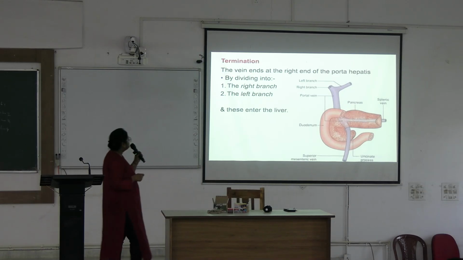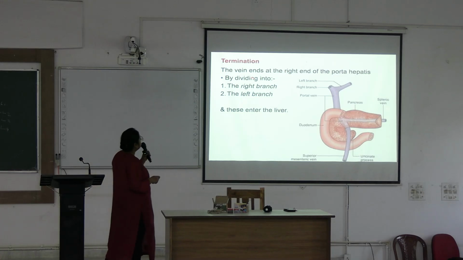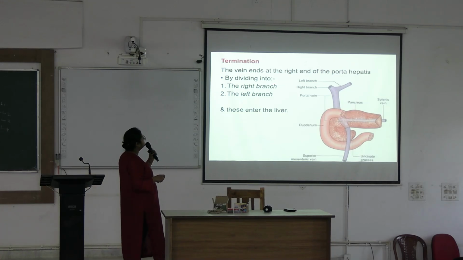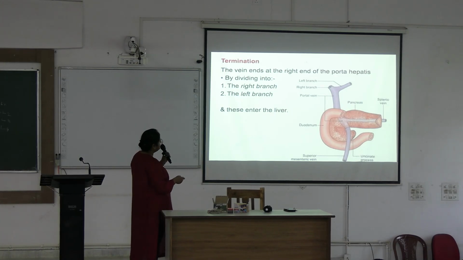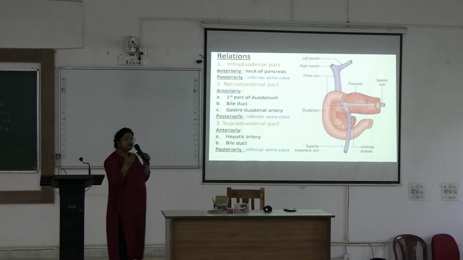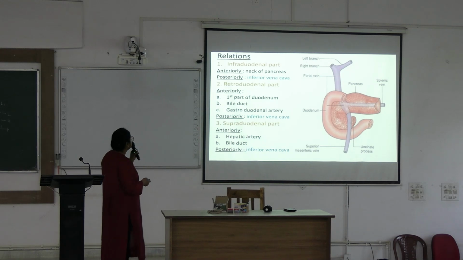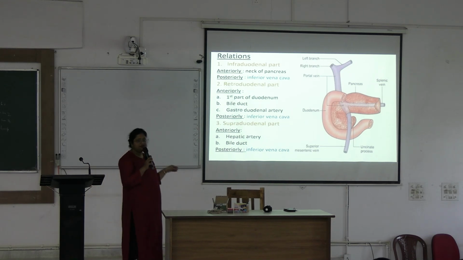So the vein ends at the right end of the porta hepatis by dividing into two branches, right branch and the left branch, and these branches enter the liver. Here it is ending by dividing into two branches. Next we are going to the relations of these three parts. Okay. If it comes in a long question, these points will be asked.